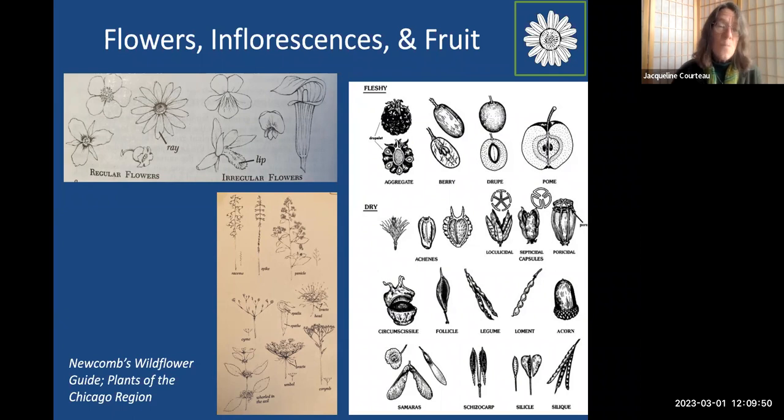And so more of my talk is going to focus on vegetative characters that you might find when the plants aren't blooming. Similarly, fruiting, especially in the fall, some fruits will persist and can be useful for quite a bit into the winter on the woody plants, but they're not always there. So it's good to learn some other vegetative characters.